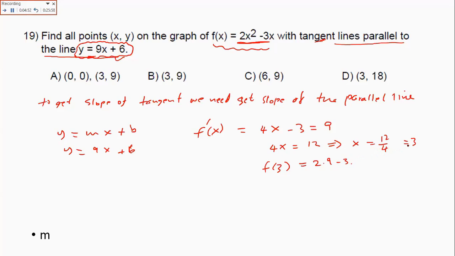So this is equal to 18 minus 9, which is equal to 9. So x is equal to 3 and y is equal to 9, right? So which choice? I think it is B.